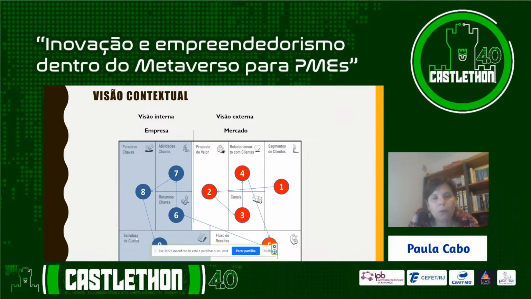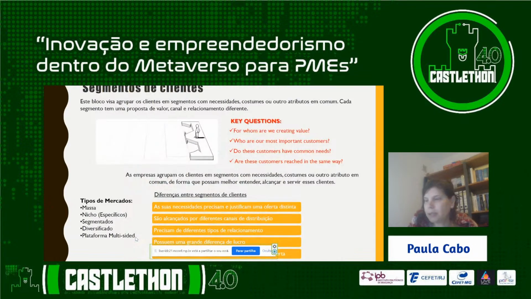So I will go through all the 9 blocks, explain briefly how it works, and what are the main points that we need to pay attention to when we are seeing these 9 blocks. Okay, so let's begin with the market segments or customer segments.